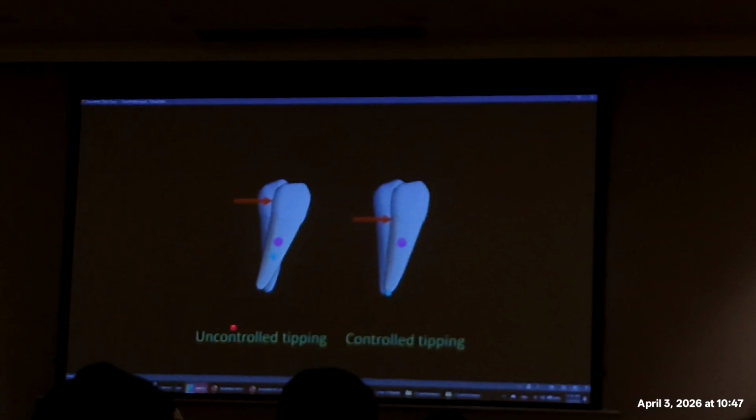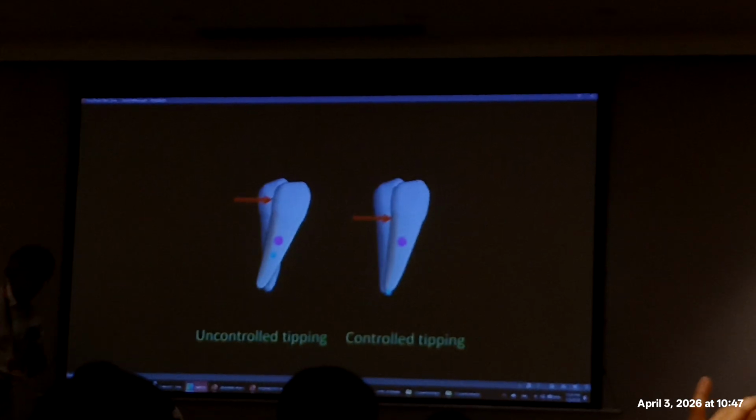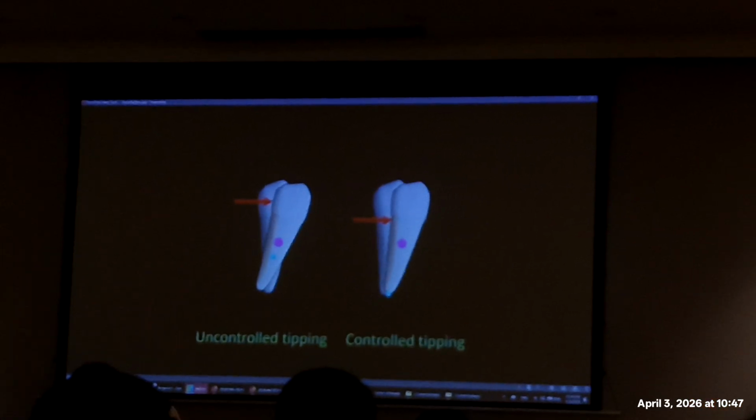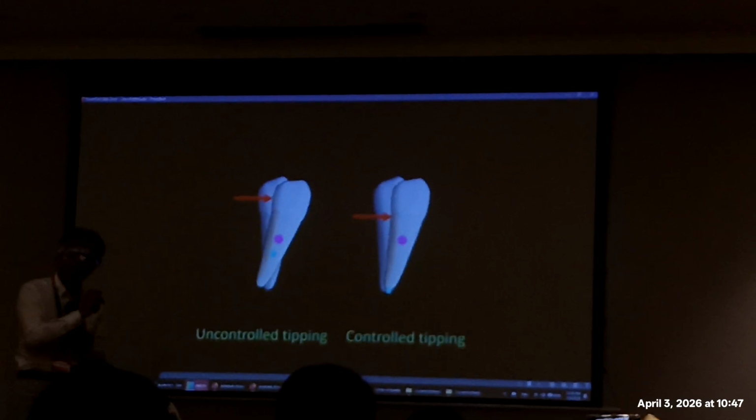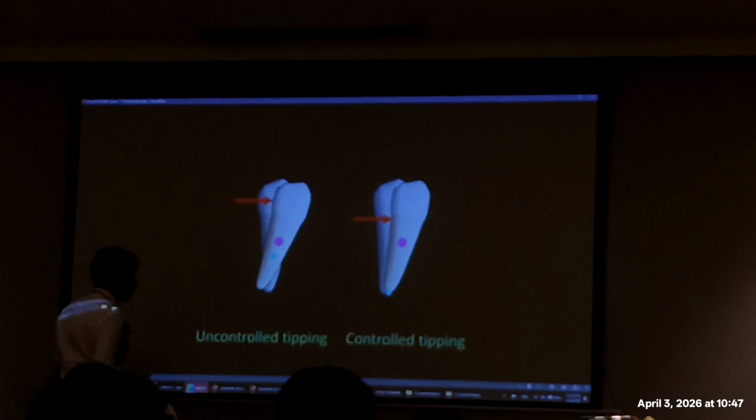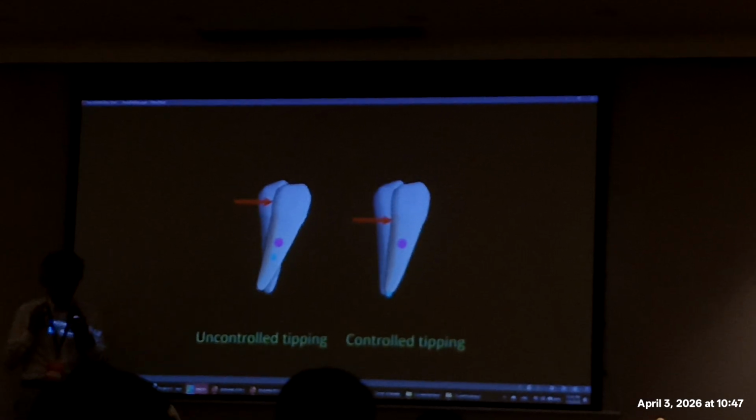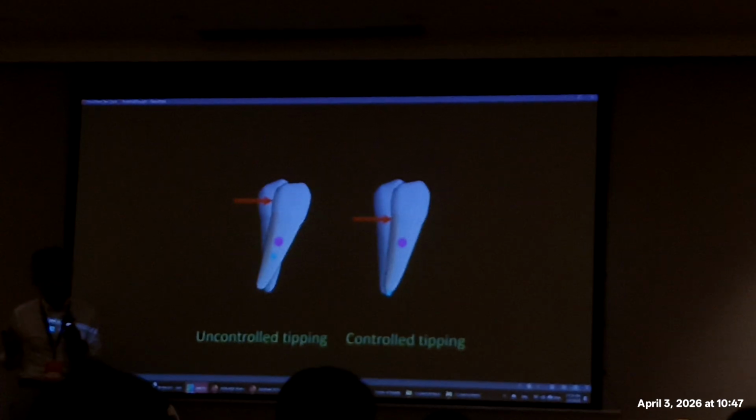So what is the difference between uncontrolled tipping and controlled tipping? Both are tipping, but the important thing is if the force is applied at the cervix like this, all points are moving in the same direction as the force is applied. But in uncontrolled tipping, there is a part of the tooth moving in the opposite direction.